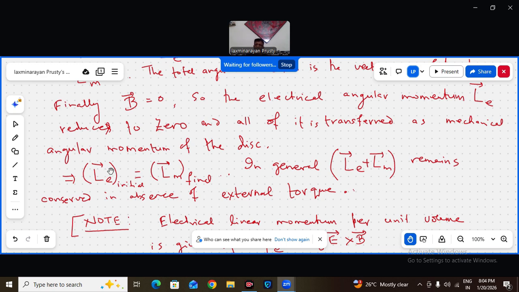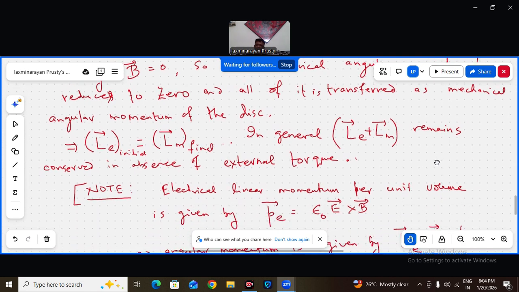Lm bar initial is 0 because no rotation, initially static. So only Le bar initial remains. And finally, Le bar final is 0, so only Lm bar final will be there. They will be equal. Angular momentum remains conserved.